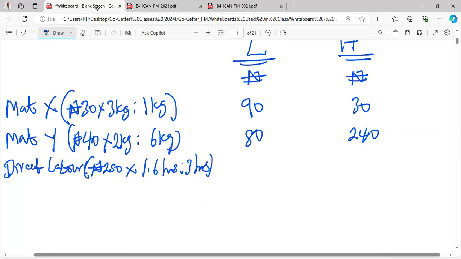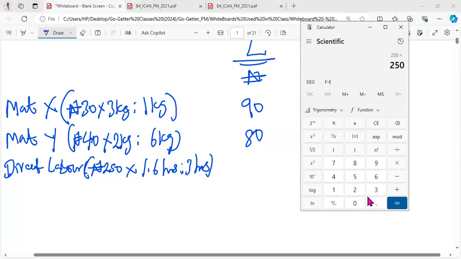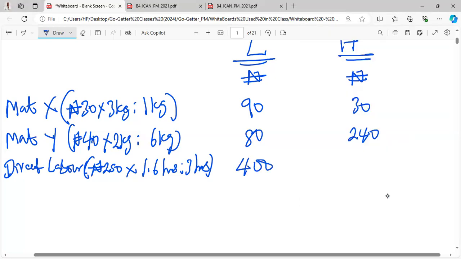So we activate our calculator now. 250 times 1.6 will give me 400 here. So that's 400. 250 times 3 is 750. All right, so direct labor is done.